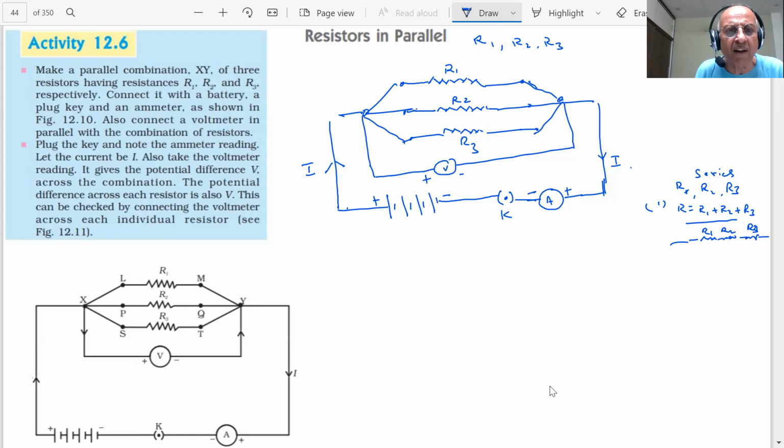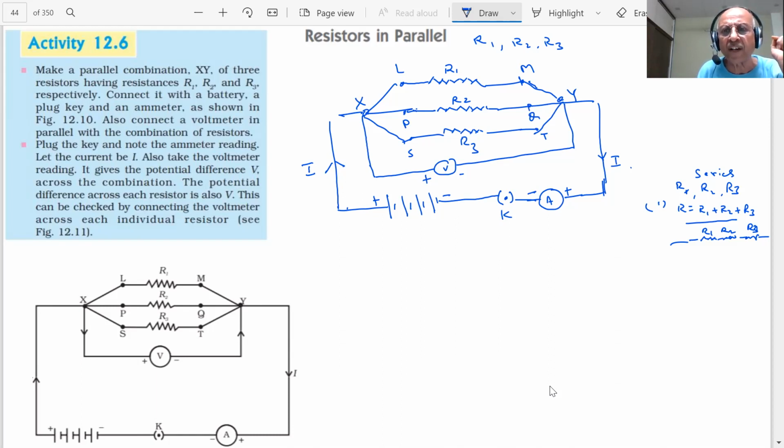So students, we have made a parallel combination. This point I'm saying is my X, Y, and I can have points L, M. This I'm calling P, this point I'm calling Q, and this is my S, this is my T. Now we want to see, if we pass electric current through this, it can be measured by an ammeter.